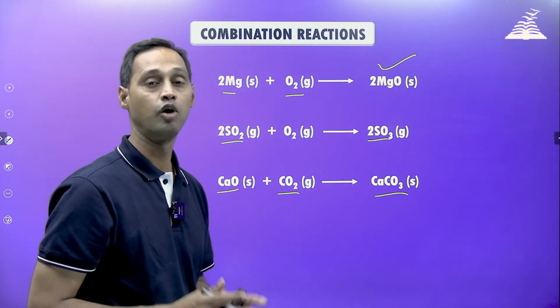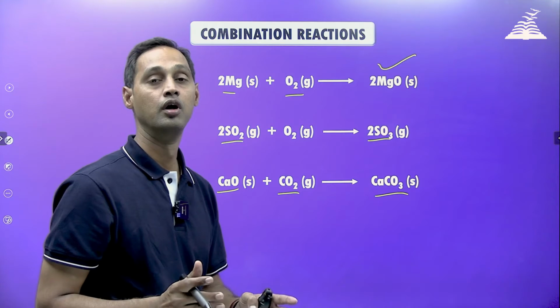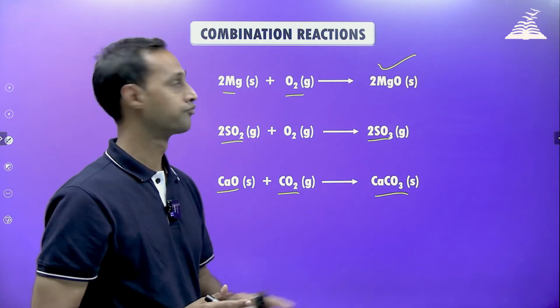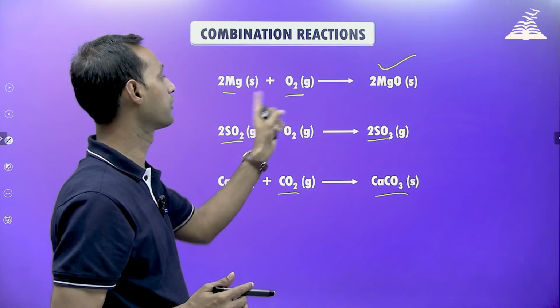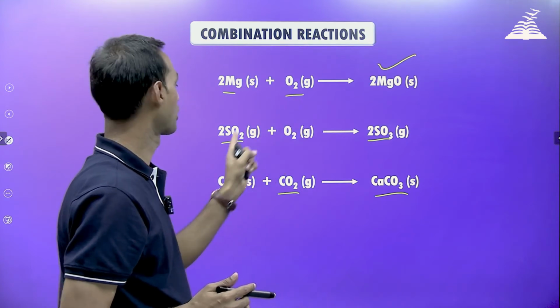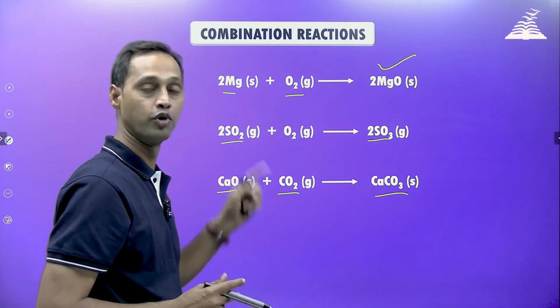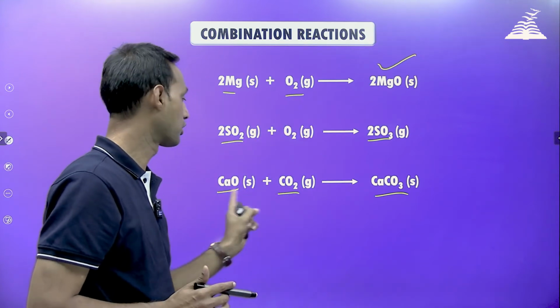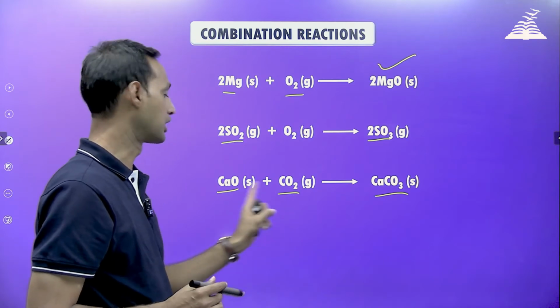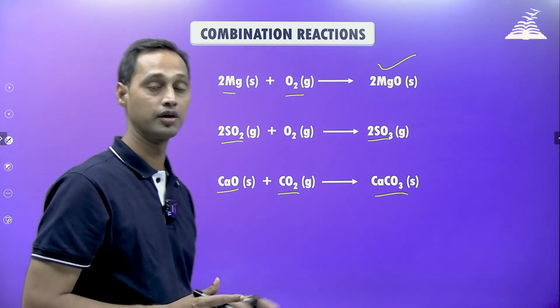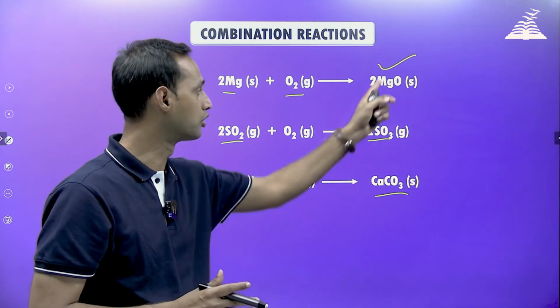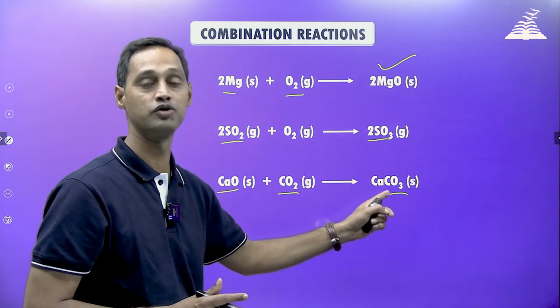But see, combination reaction is possible with various combinations. Like see, element and element, combination of elements here, combination of an element and a compound, combination of compounds, two or more compounds, calcium oxide and carbon dioxide. So in all the cases, a single new substance is formed.